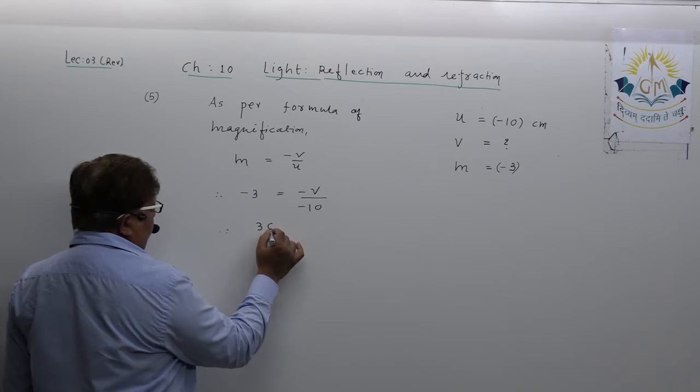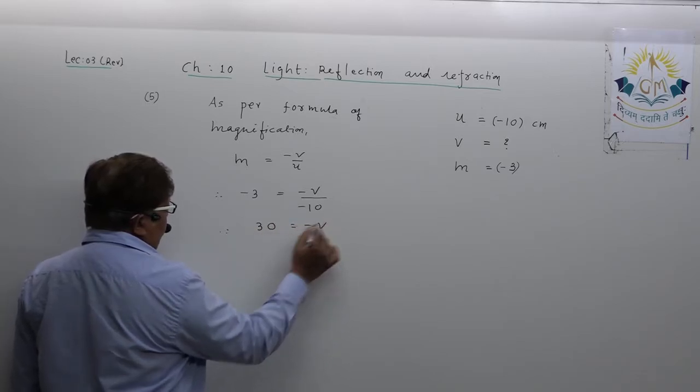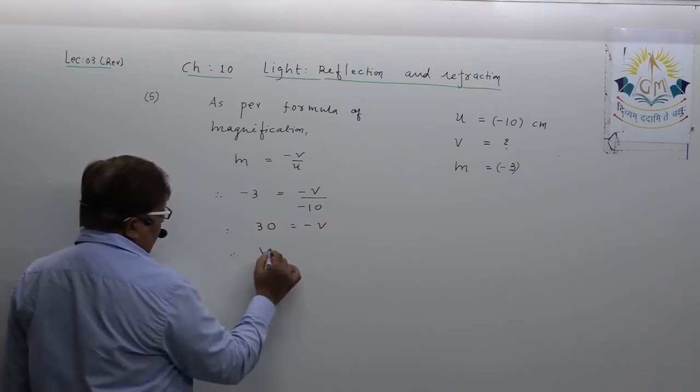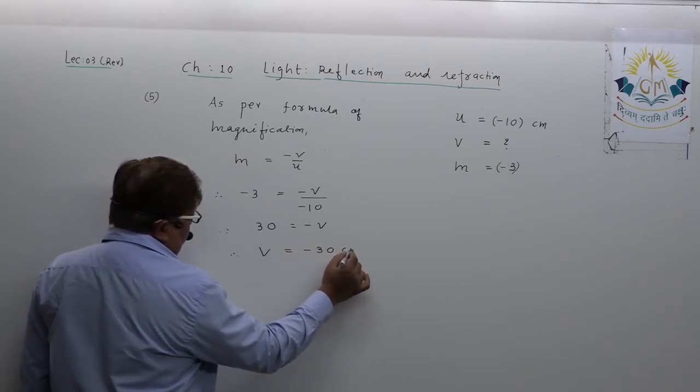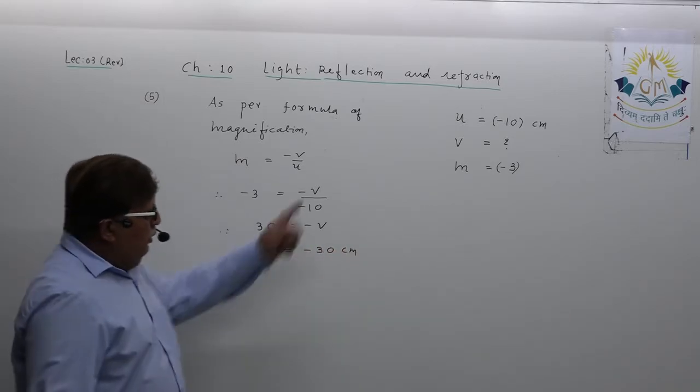Cross multiply: 30 equals minus V, just the transfer of the sign, V equals minus 30 centimeter.